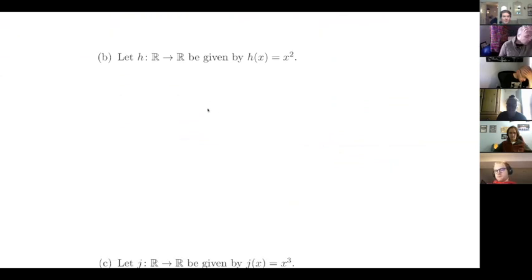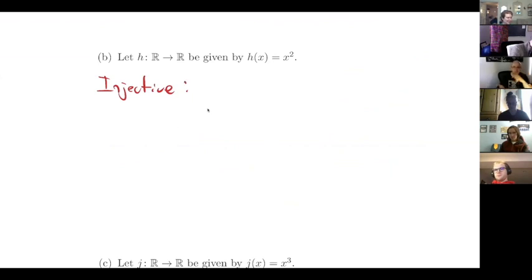Okay, so now let's think about this function h, which is mapping from the real numbers into the real numbers, where we're going to define h of x as x squared. So is it injective, what do you guys think? You can give me a yay or a nay. Okay. Not injective, right? So why is that not injective?